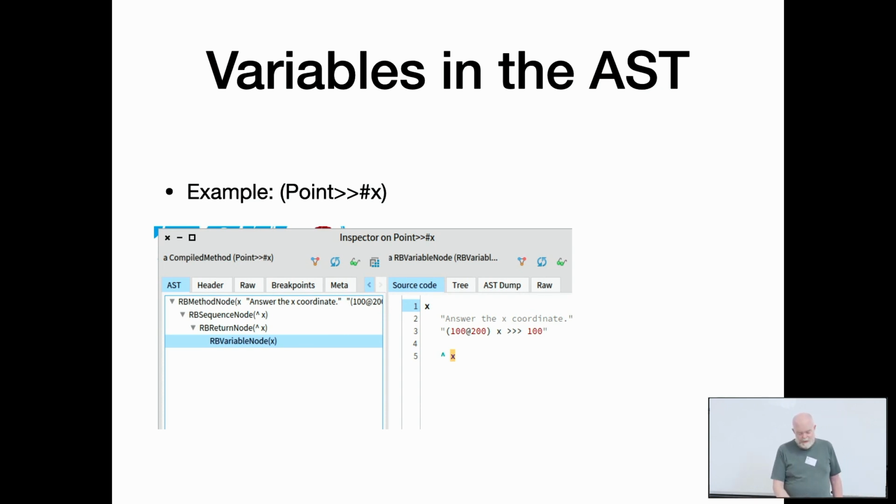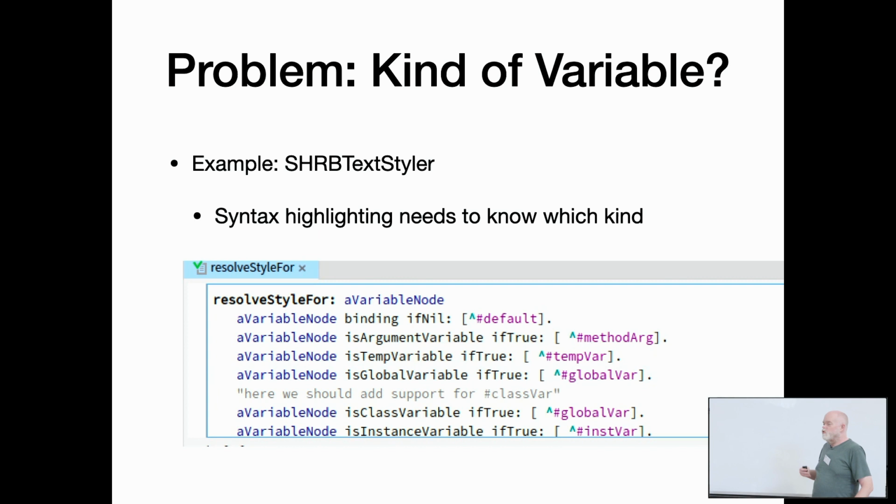What is interesting is that if you then want to use it for something, you need to know more than that it's just an RB variable. As you think, RB variable node means this is just a variable with name x. But if you want to do something with it in tools, as an example the syntax highlighter, you need to be able to know more about the variable. Here the syntax highlighter uses some kind of symbol that is then looked up in a color table to color the AST.